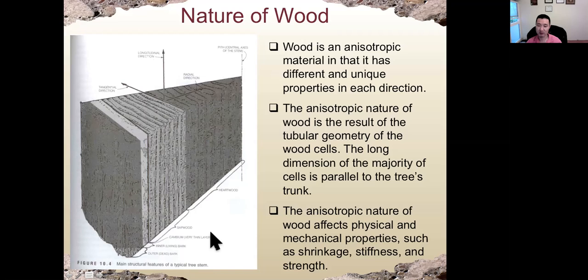As a result, the nature of wood in these three directions is quite different, including physical and mechanical properties such as shrinkage, stiffness, and strength. Remember that concrete is almost homogeneous in all directions. Wood is not.